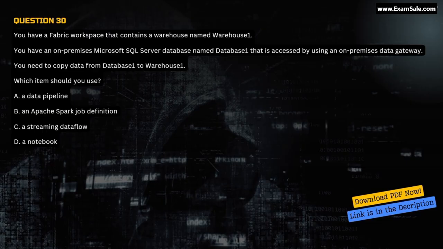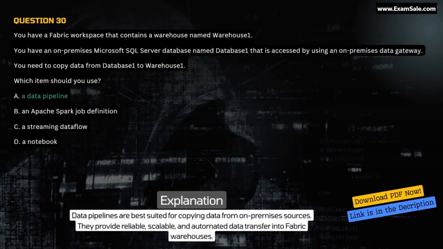B. An Apache Spark job definition. C. A streaming data flow. D. A notebook. Correct answer A. A data pipeline. Explanation. Data pipelines are best suited for copying data from on-premises sources. They provide reliable, scalable, and automated data transfer into Fabric warehouses.